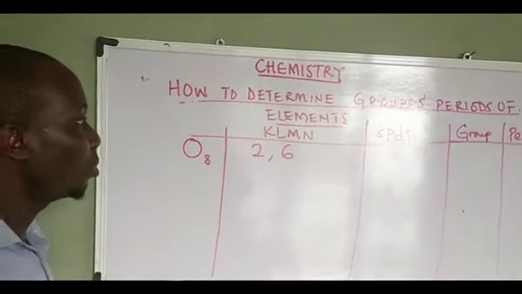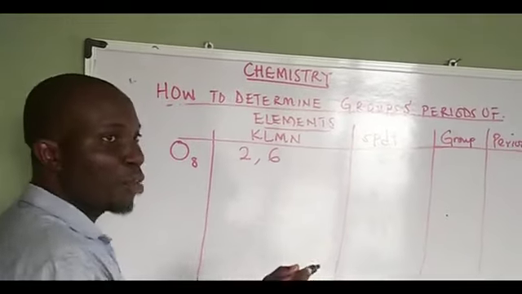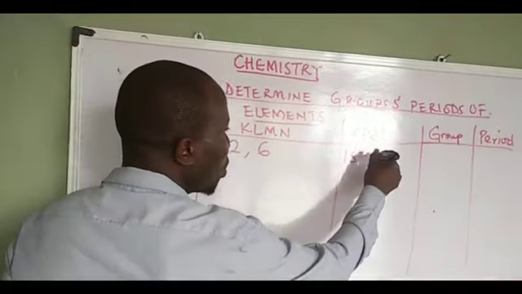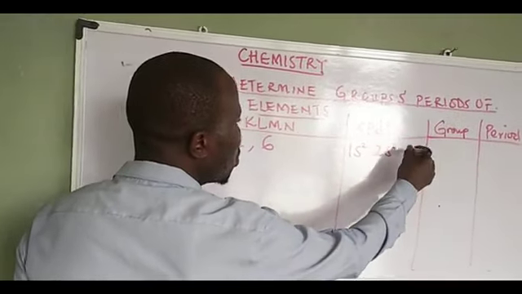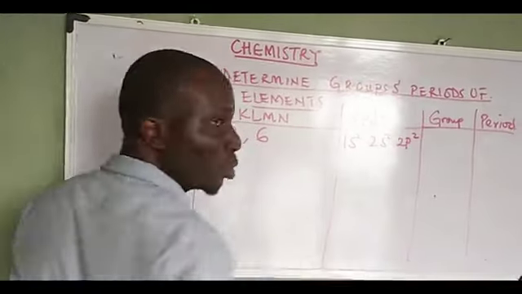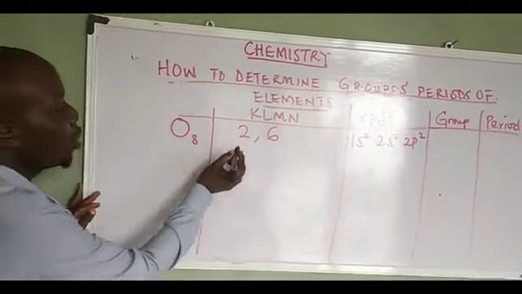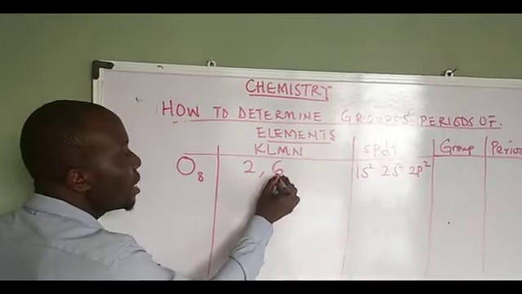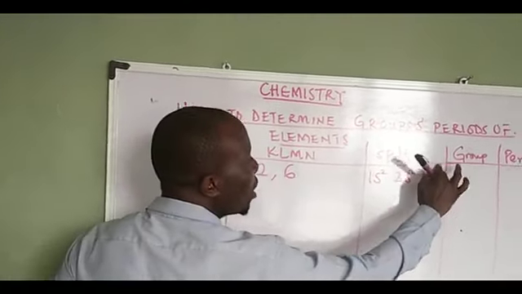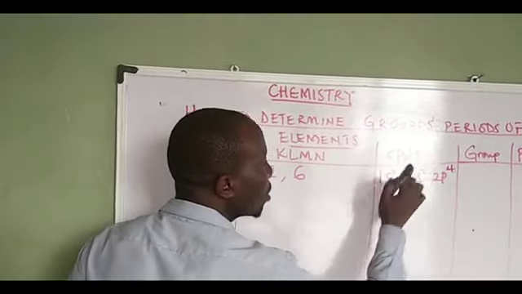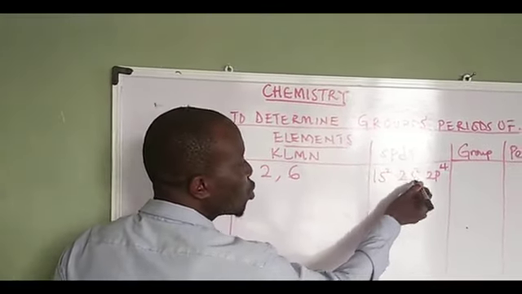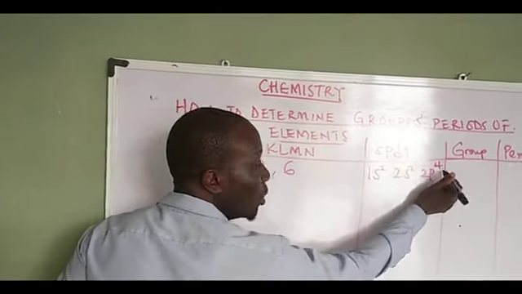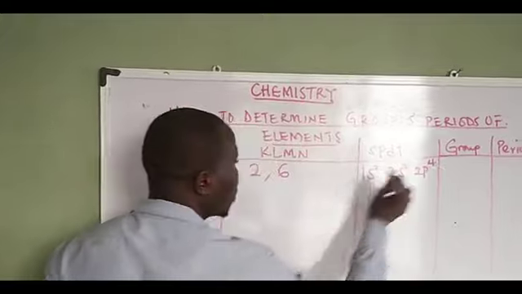For SPDF, for oxygen we have 1s2, 2s2, 2p4, because the total number of electrons is supposed to be 8.